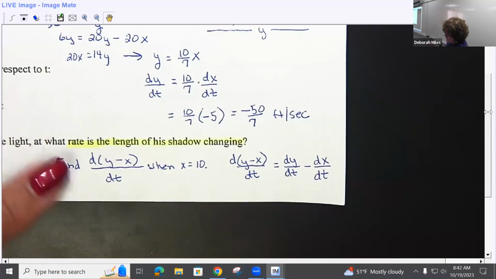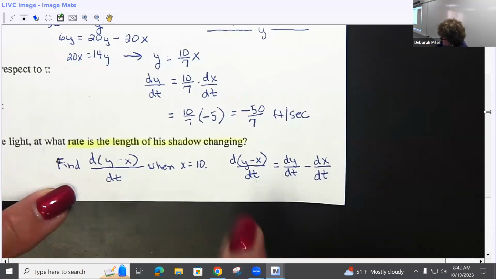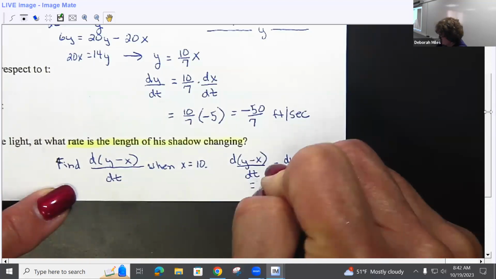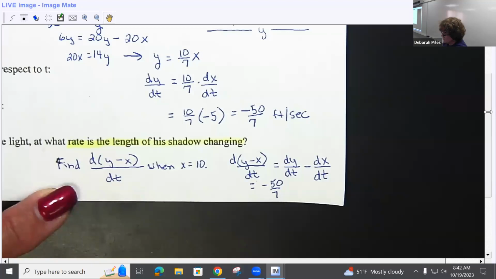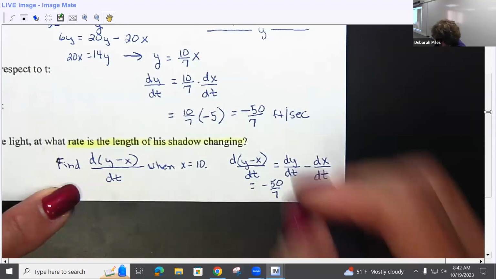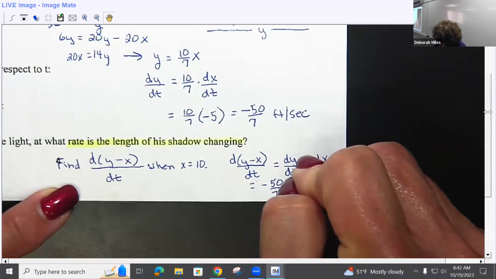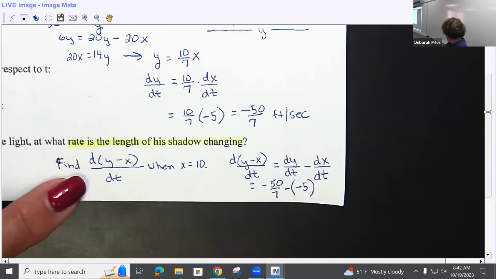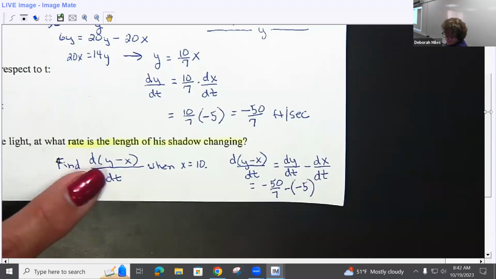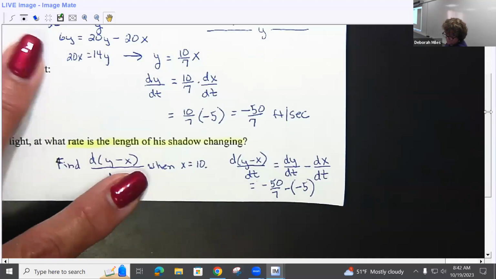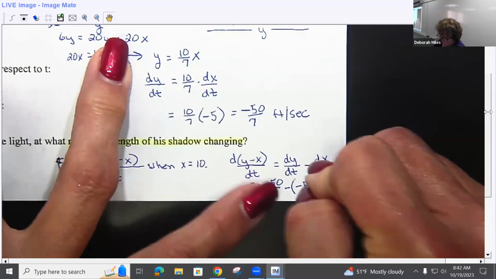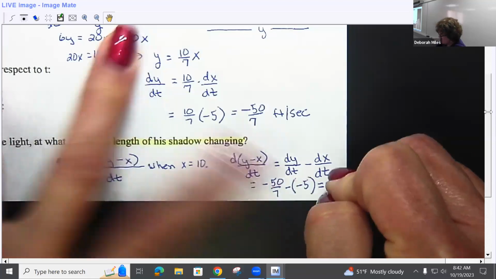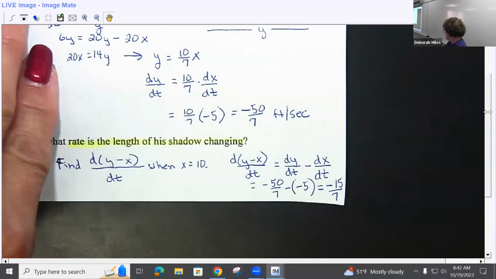The rate at which his shadow is moving, we just found that to be -50/7. The rate at which he is moving is -5. So -50/7 plus 5 is how fast the length of his shadow is changing. And I got that to be -15/7, and don't have room to write feet per second.